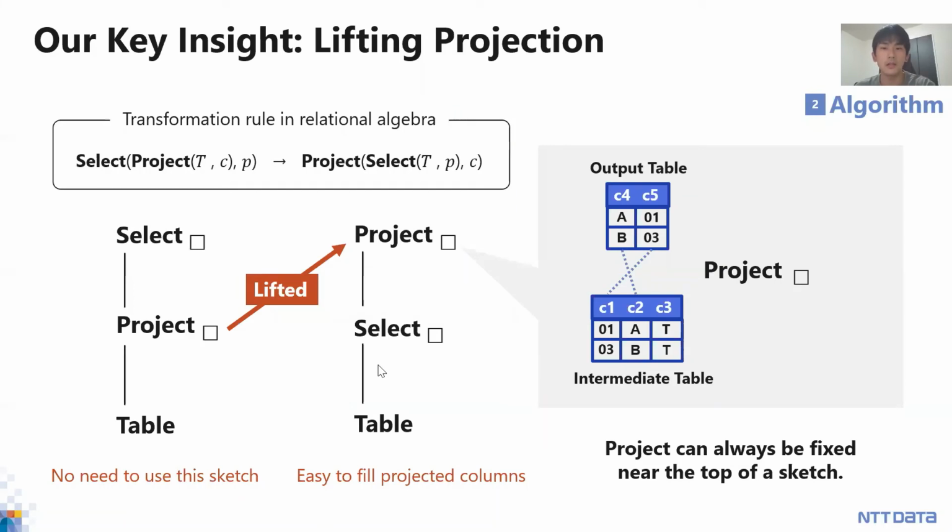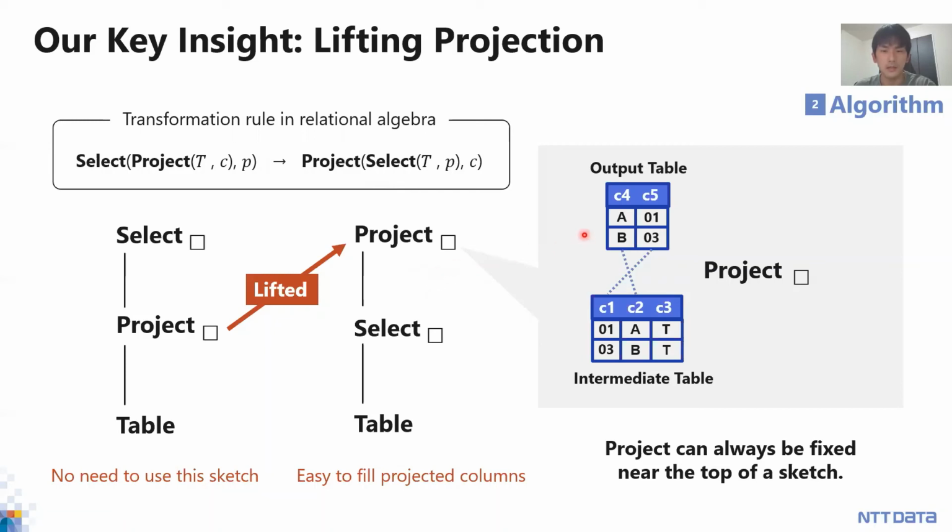Our key insight is lifting projection operator. Some transformation rules are known in relational algebra. This rule means project and select operators can be swapped. We can easily infer projected columns in the second sketch by comparing output and intermediate tables.